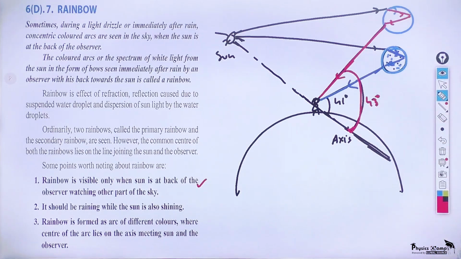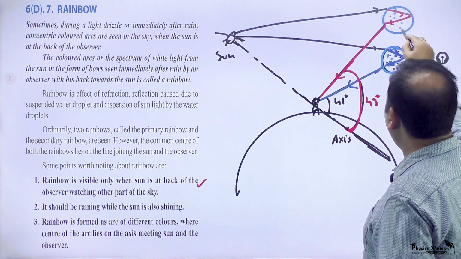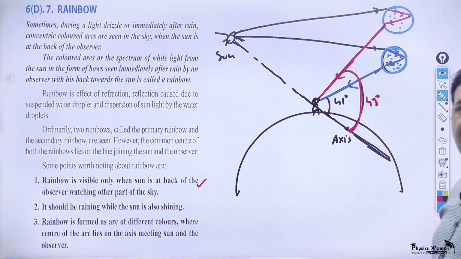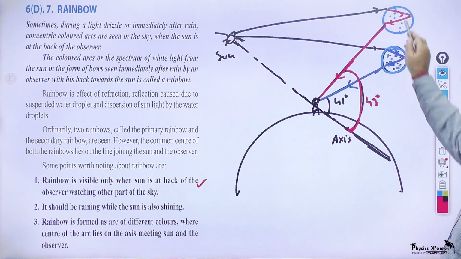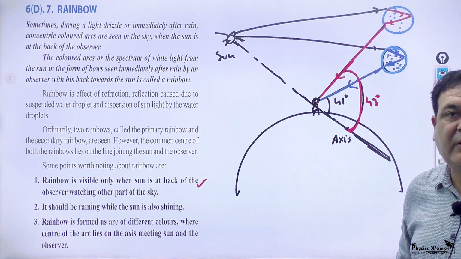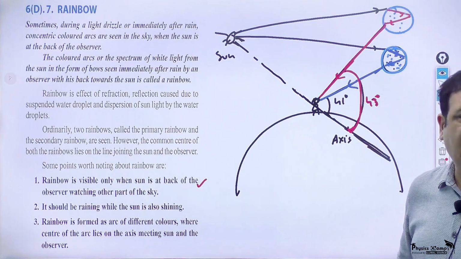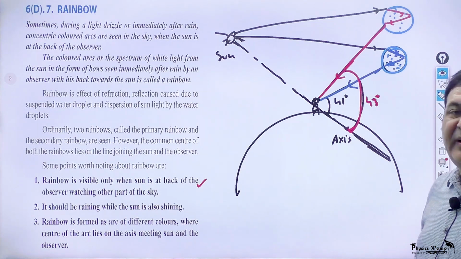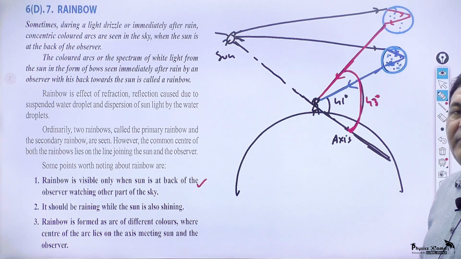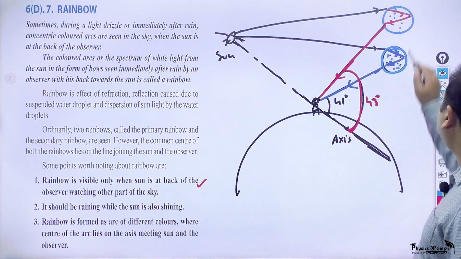So from these water droplets hanging in the atmosphere at an angle of 43 degree, the deviated color, or the color after multiple refraction from water droplets that reaches your eye, is red prominently, and at an angle of 41 degree, whatever water droplets are suspended, the color which reaches you prominently after refraction is violet, and in between all other colors.